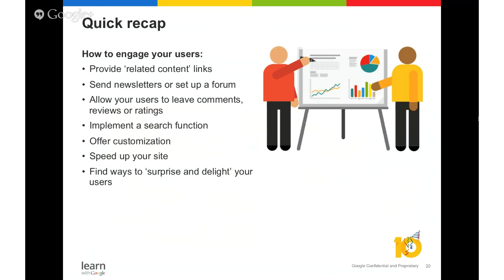And you can make sure you have a search box in a prominent place, or add one if you don't have one in the first place. You can offer user customization either to their profiles or to the themes or layouts of your site. Make sure your site loads as fast as possible, and again, find ways to surprise and delight your users and communicate your unique brand and publisher vibe.